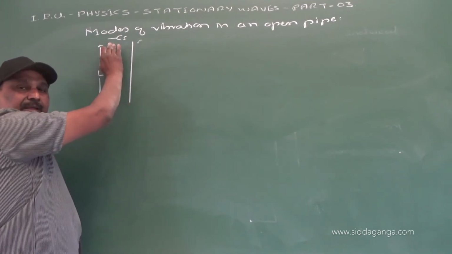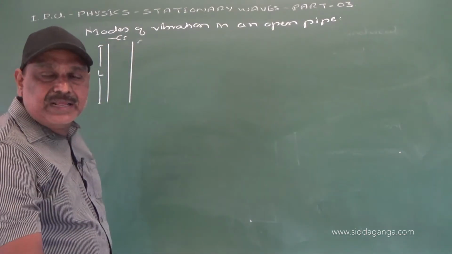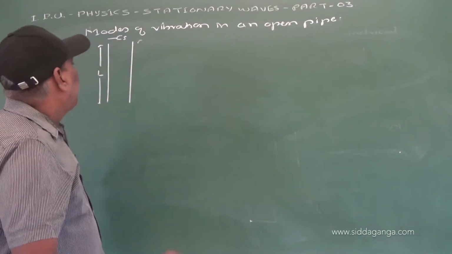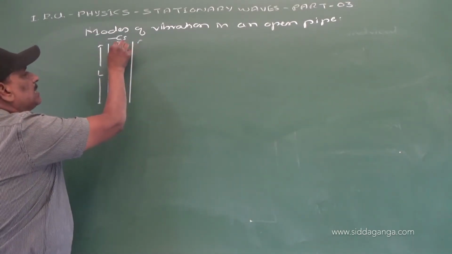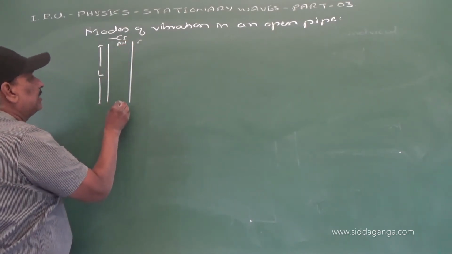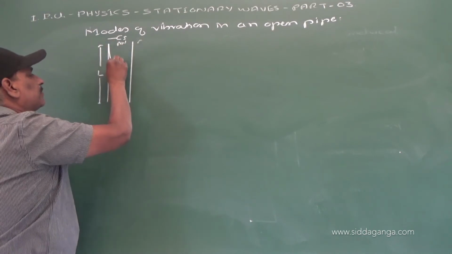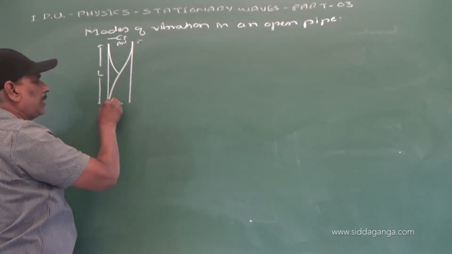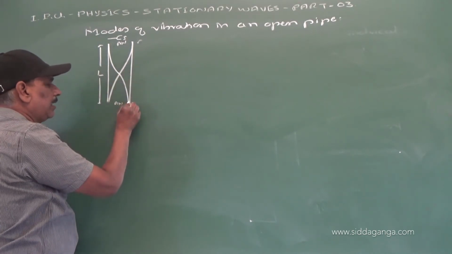Now, at the open end, the air particles have maximum freedom of vibration. Therefore, an antinode is always formed at the two open ends. Right.